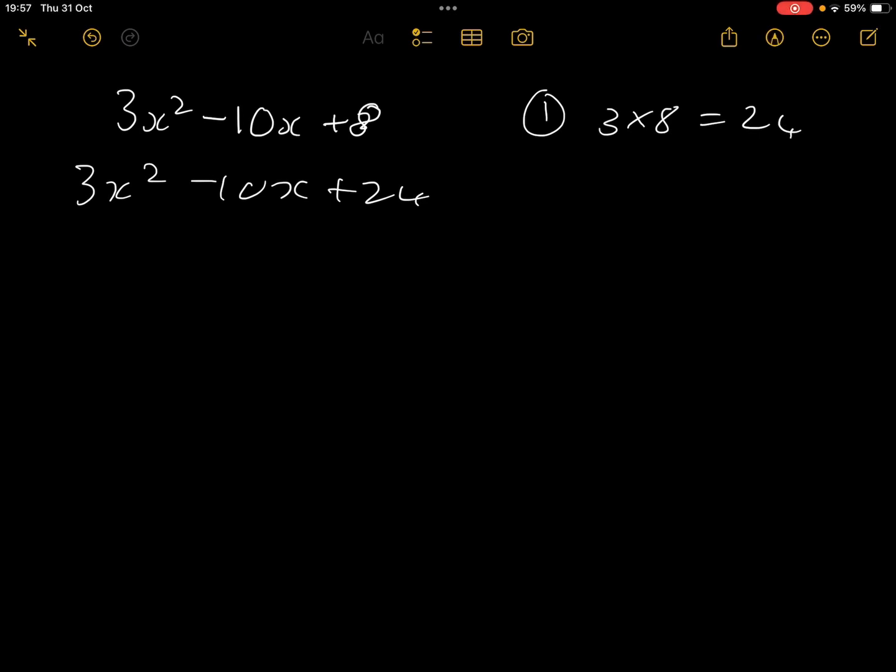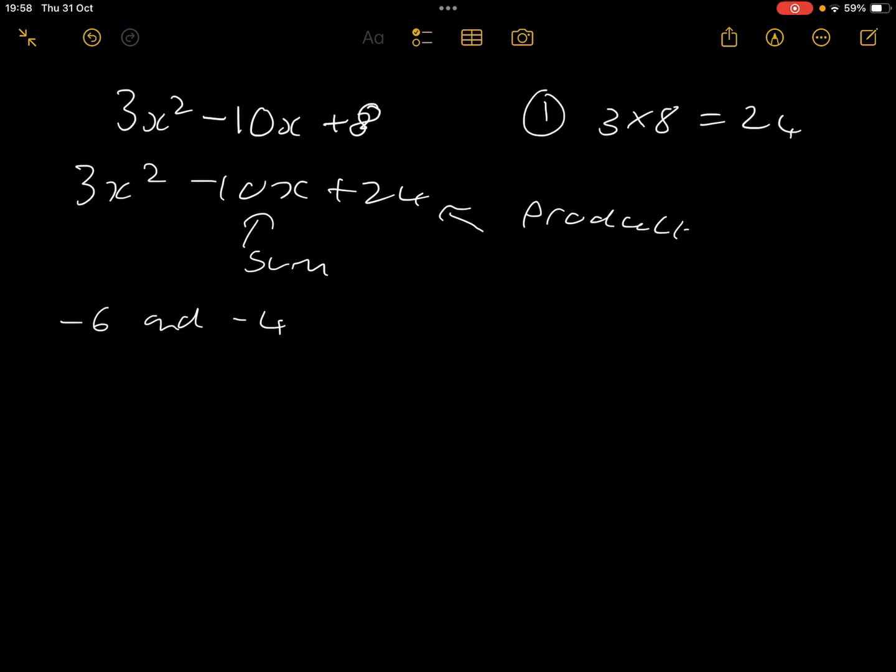Now we do our same rule, so we get our product, we get our sum. I'm just going to save time here. The two numbers that multiply to give that are minus 6 and minus 4. You would know that anyway, having watched the previous video.